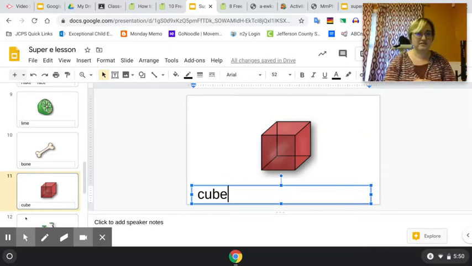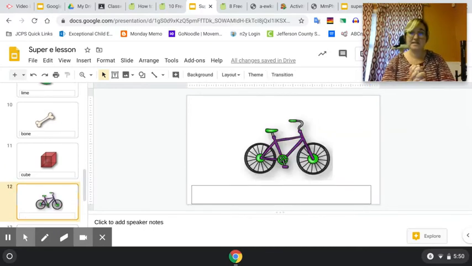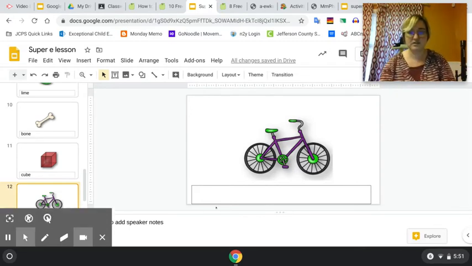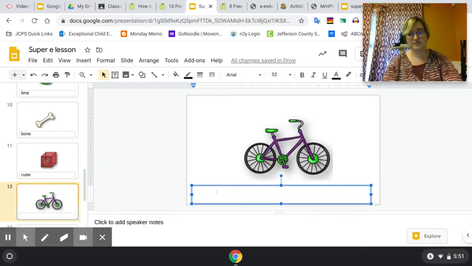What is this a picture of? Let's see. It's a bike. I have a bike. My daughters have bikes. They're trying to ride their bikes, but it's raining today, so they're not riding today. How do we spell the word bike? Well, B-I.